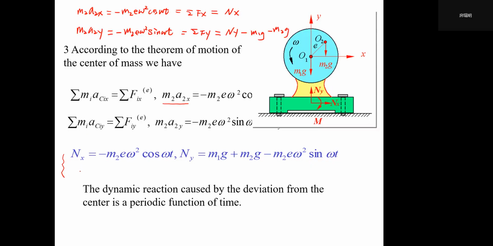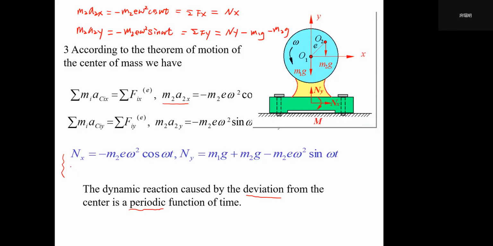So let's do another analysis. We find the dynamic reaction caused by the deviation from the center is a periodic function of time. Why? So nx is according to this cosine omega t. Let me do some analysis for you guys.